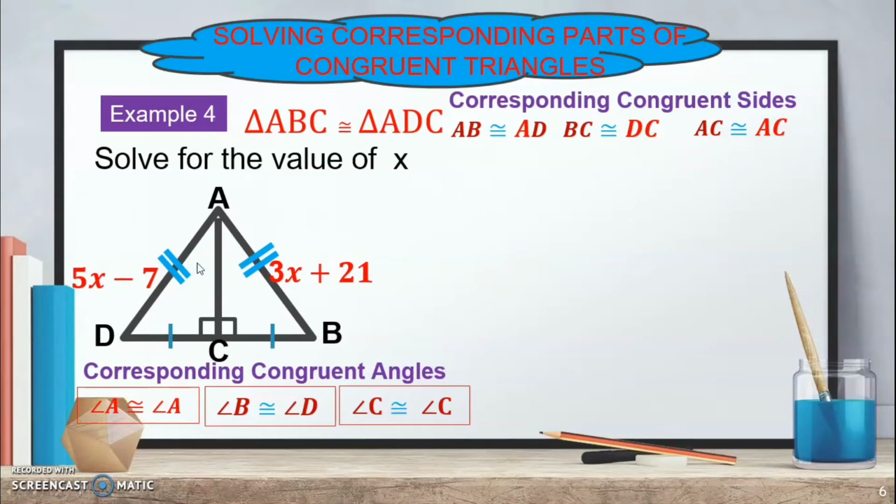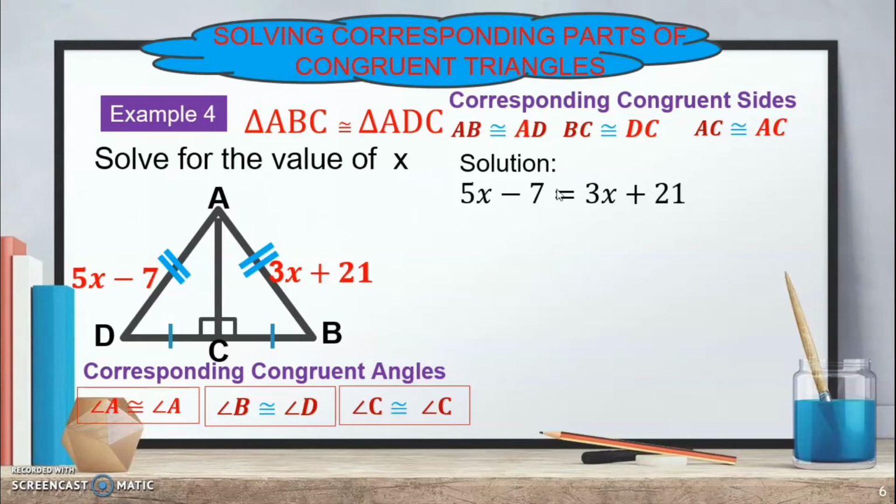So, we will solve for the value of x. So, x here is etong x na dito. But we know that side AB is congruent to side AD. So, we have 5x minus 7 is equal to 3x plus 21.